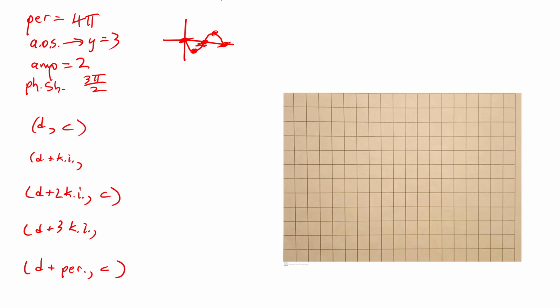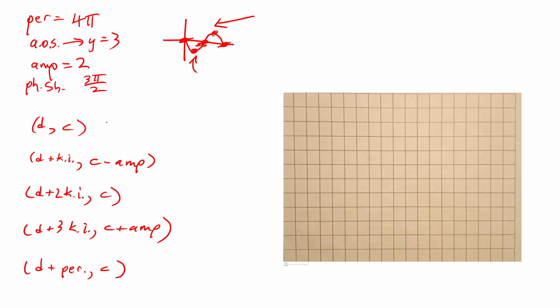Well, let's look at that second key point right there. What's its y value? Well, that's 1 amplitude below the axis of symmetry, so it's c minus an amplitude. And how about that fourth key point? Its y value is c plus an amplitude. So these are our 5 key points.